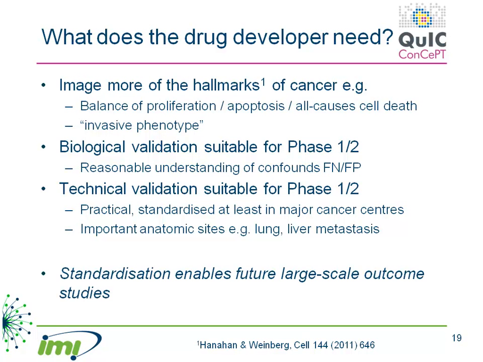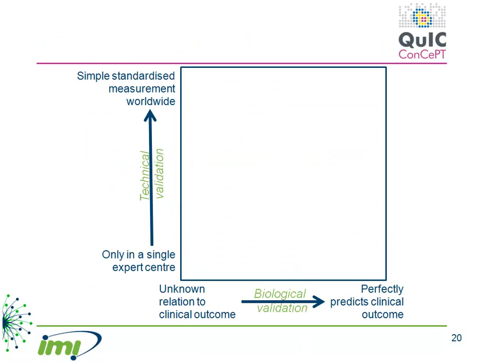We are not about providing biomarkers which have full regulatory approval, but of course the standardization provides a platform where we can subsequently achieve that. So biological validation and technical validation, these are two independent axes. At the bottom left-hand corner, you have something which is pretty useless.